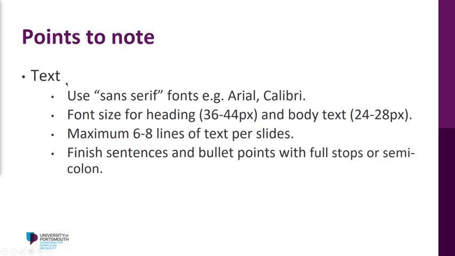First of all, text. To meet the Accessibility Regulation 2018, it is advisable that we use sans serif fonts, for example Arial and Calibri, in our PowerPoint presentations. The font size for the heading should be within 36 to 44 pixels, and the body text about 24 to 28 pixels.